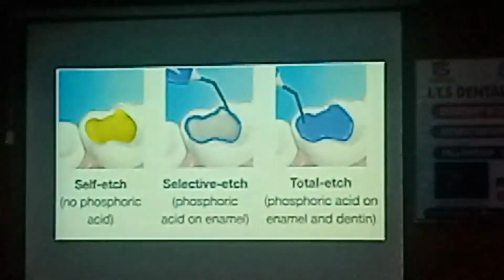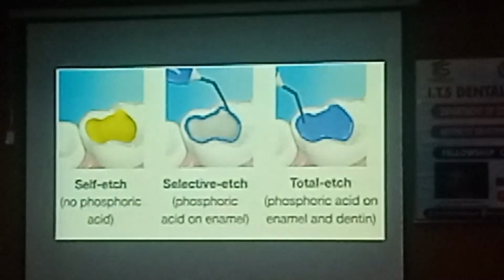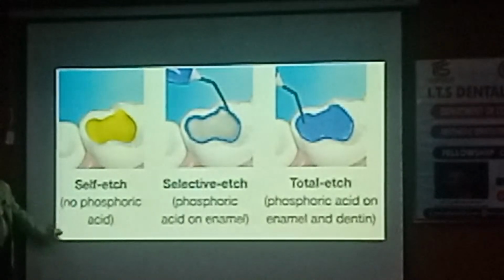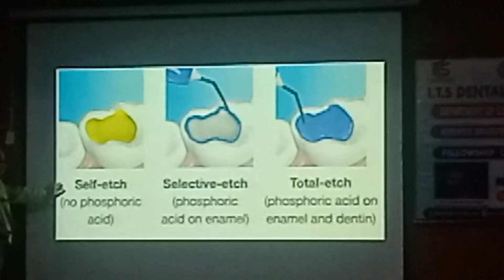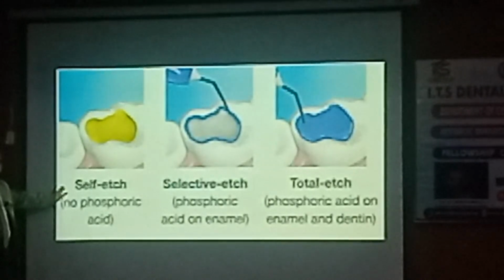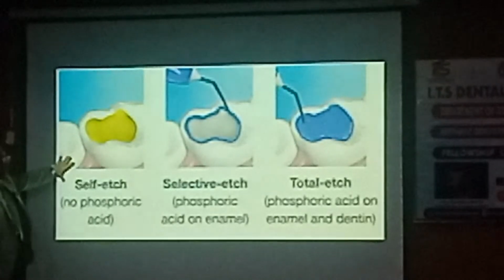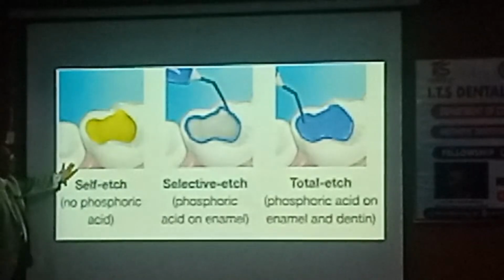Right, now once you understand this peripheral sealing zone, you are left with three etching techniques you can use. You can use self-etch, where you don't use etching. If you use our beauty bond, which is 7th generation, you don't need to etch; you can apply it straight away all over the dentine.